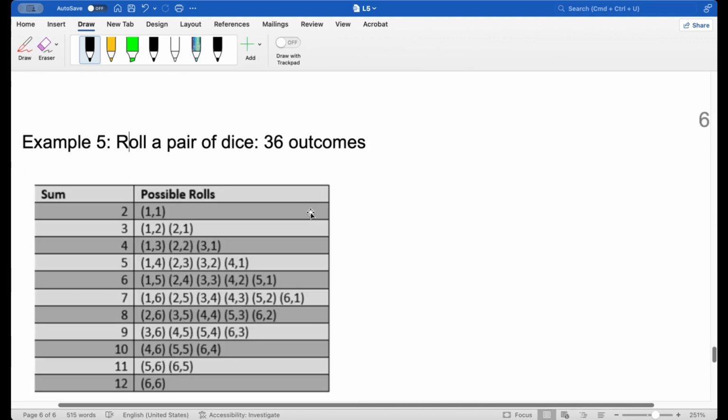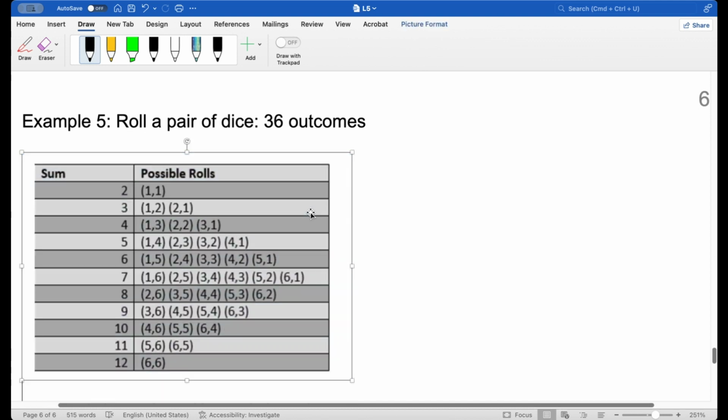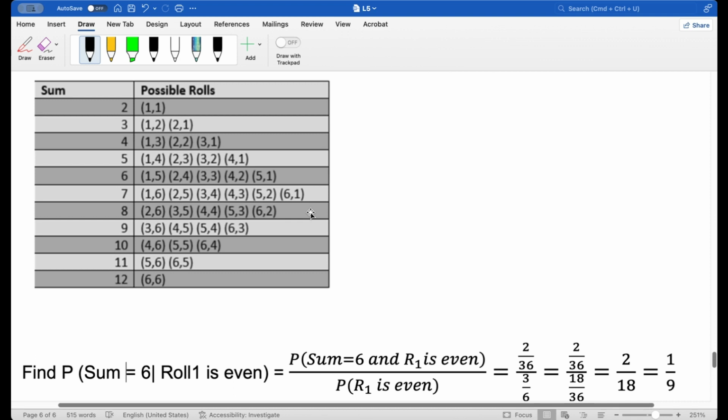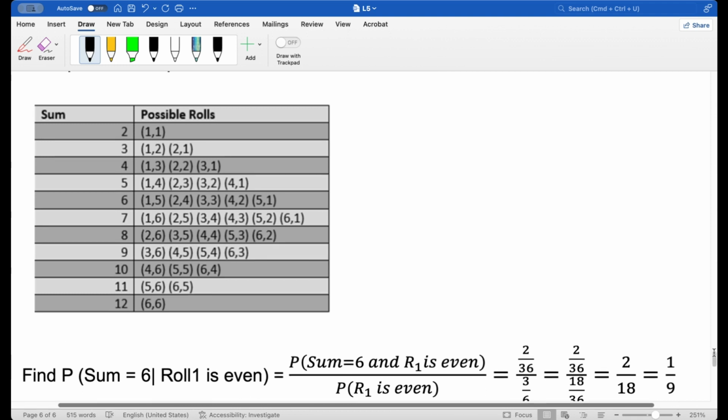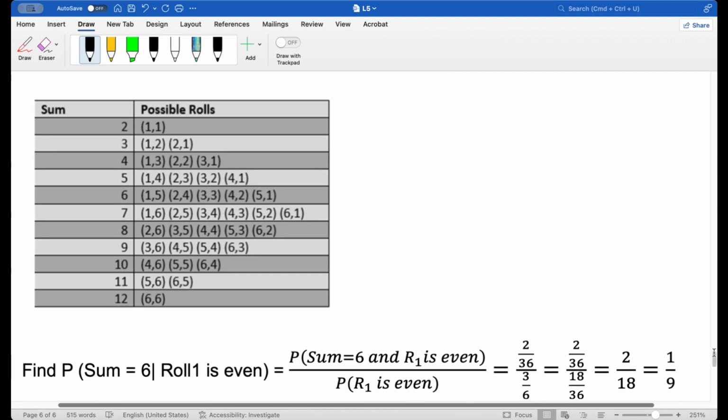Okay, next example. Now we're rolling a pair of dice, so there are 36 outcomes, and the calculation is the probability that the sum is 6, given that the first roll is even. Using the formula, we want the probability that both happen, sum 6 and the first roll is even, divided by the probability that the first roll is even.